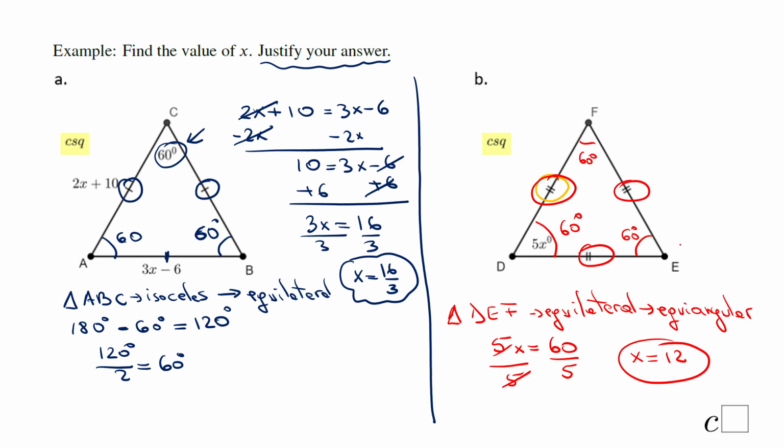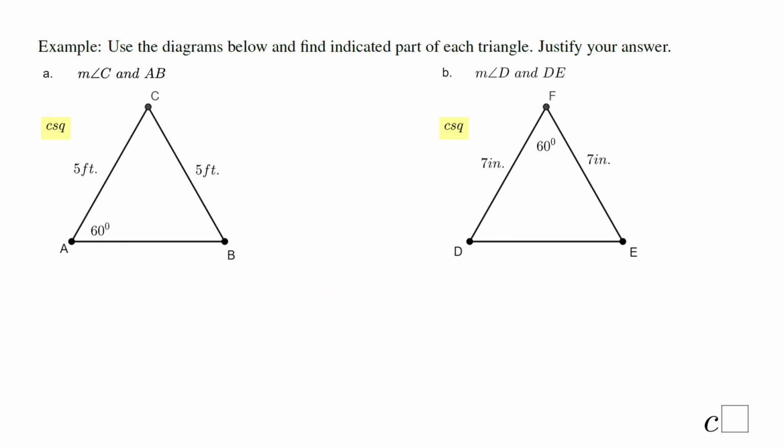Again, if you need to justify your answer, you need to find statements like this, and you see I follow logic steps. It's kind of a proof. A very similar problem. Now we need to find on part A the measure of angle C and the length of AB. And you notice, again, these two sides are congruent, so it's an isosceles triangle.